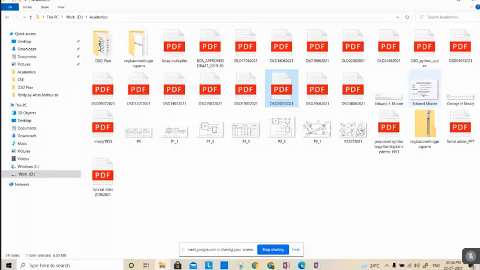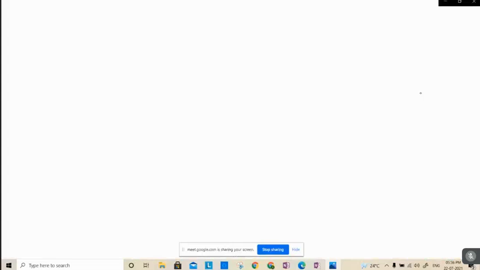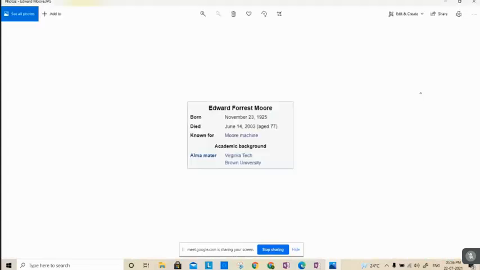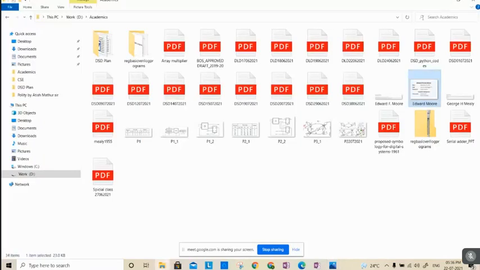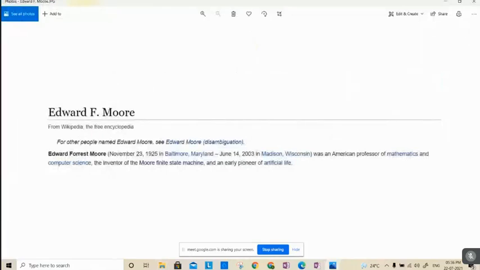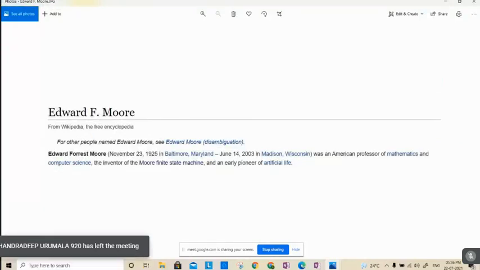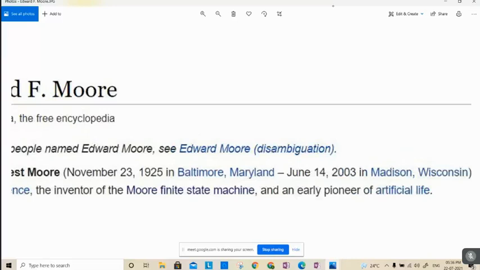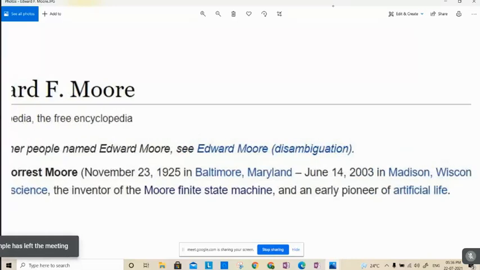See, these are the names. Mealy and Moore are the names. In 1955, 1956, we got these concepts, Mealy machine and Moore machine.